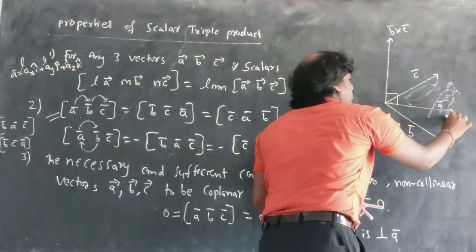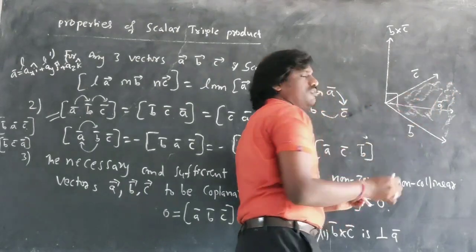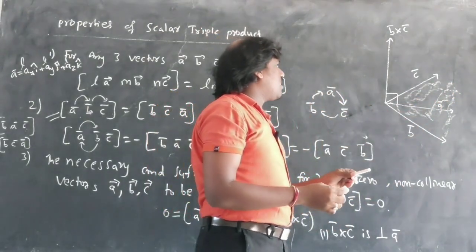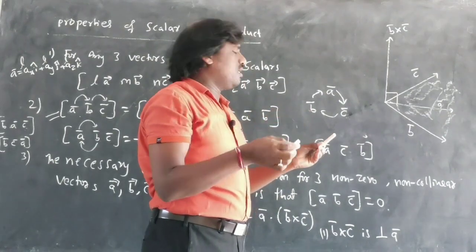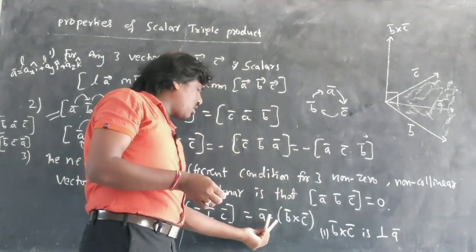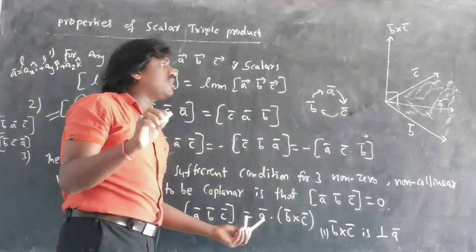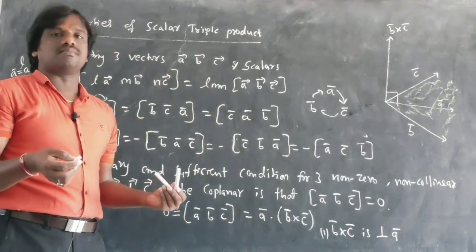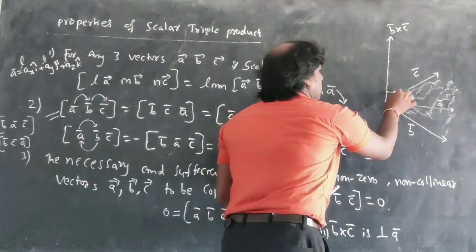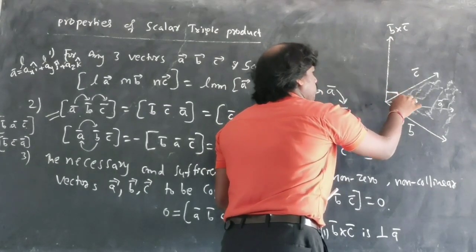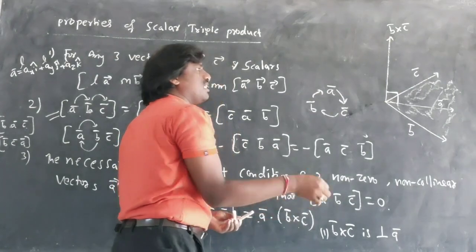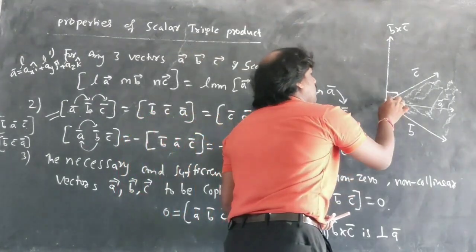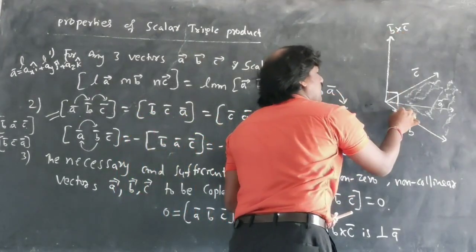Okay, and when they are saying B cross C is perpendicular, right? So A dot B cross C will become 0 if A is perpendicular to B cross C, because a dot product becomes 0 when vectors are perpendicular. So you know that A is perpendicular to B cross C.